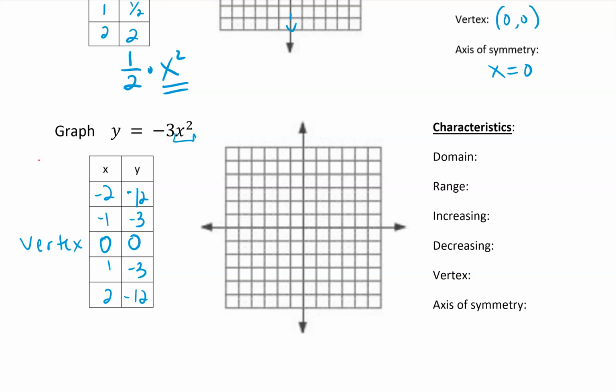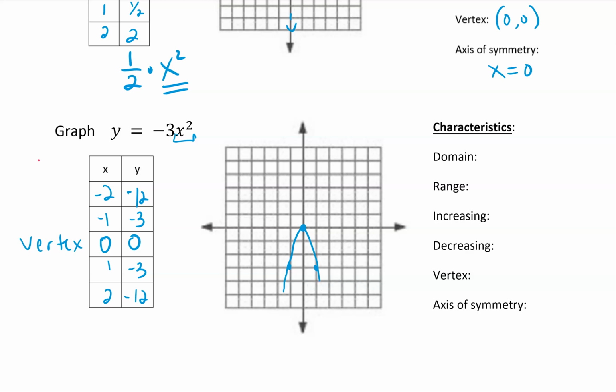And we're seeing a lot of symmetry in these tables, and that's exactly what we saw in Unit 1 when we were looking at the tables, that same kind of symmetry. So let's go ahead and put our vertex at 0, 0. Now the point -2, -12 is well off our graph, so we're not going to plot that one, but we will plot -1, -3, and 1, -3.